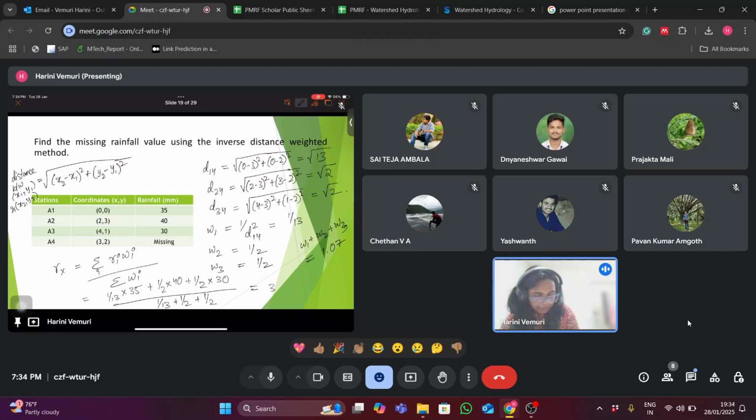The value is coming to around 35.23 centimeters. So the missing value at station A4 will be 35.23 mm using the inverse distance weightage method.